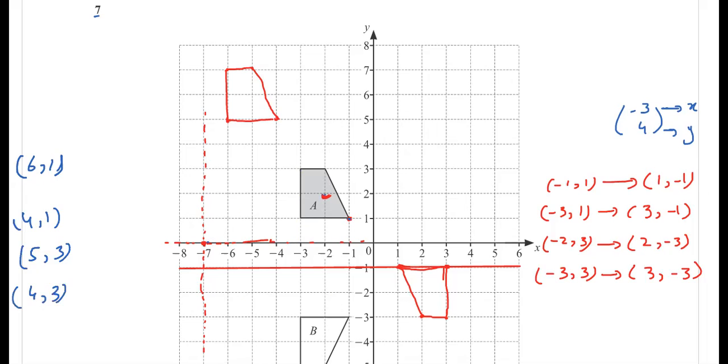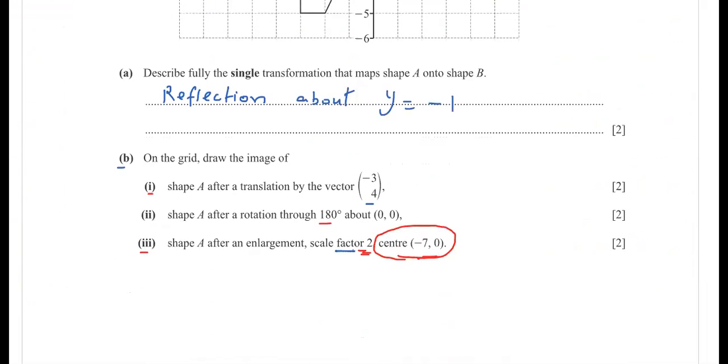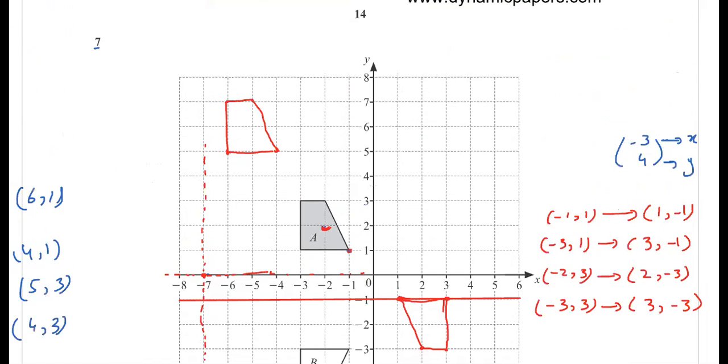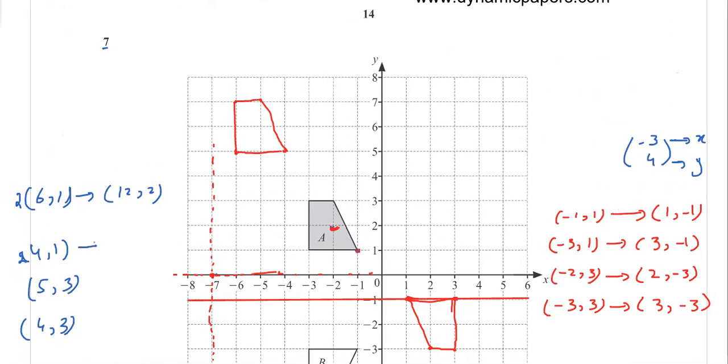According to the question, the scale factor is 2, so I will multiply each coordinate by 2 to get the new coordinates. Multiplying gives (12, 2), then (8, 2), then (10, 6), and then (8, 6).